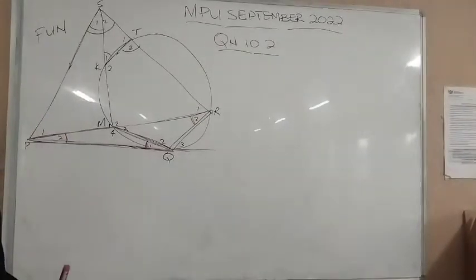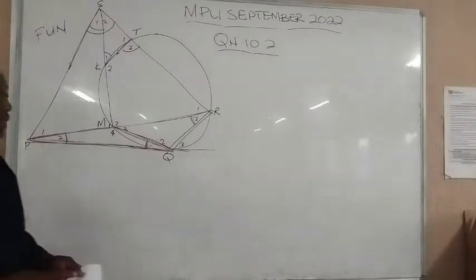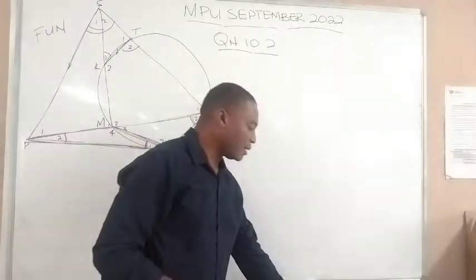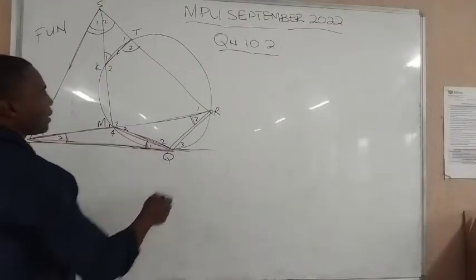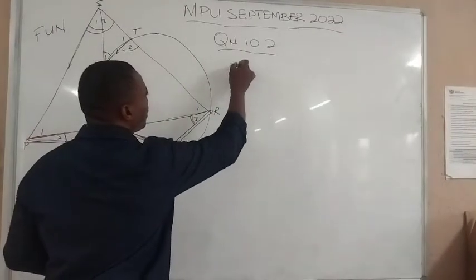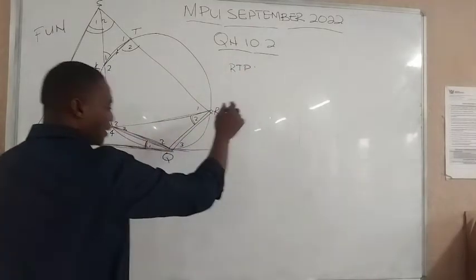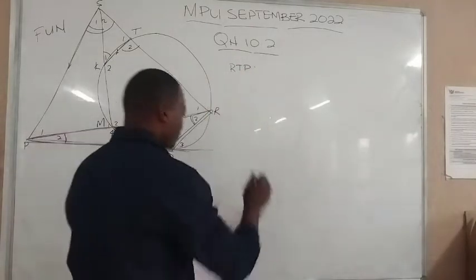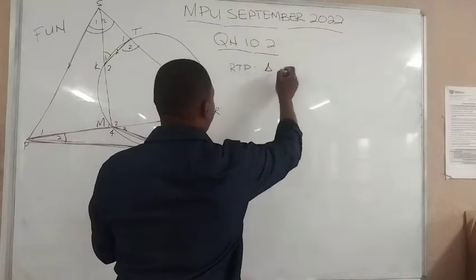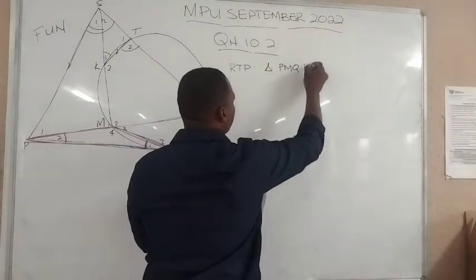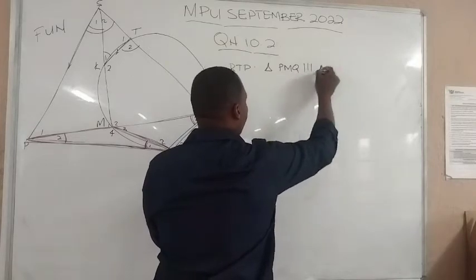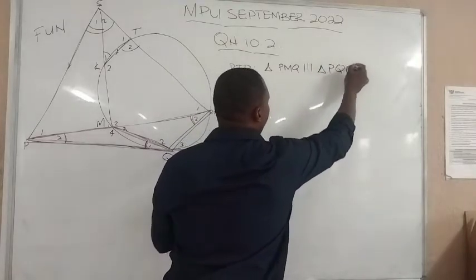So once you have two angles that are equal in size, then the job is actually done. So you are required to prove that triangle PMQ is similar to triangle PQR.